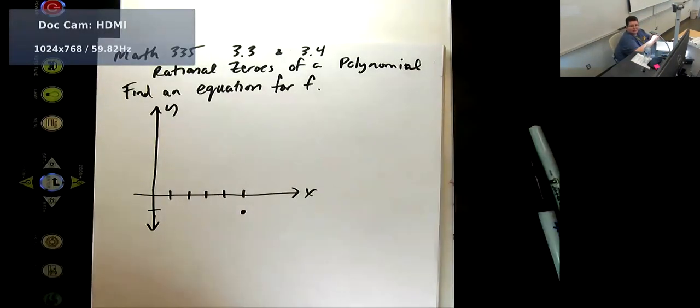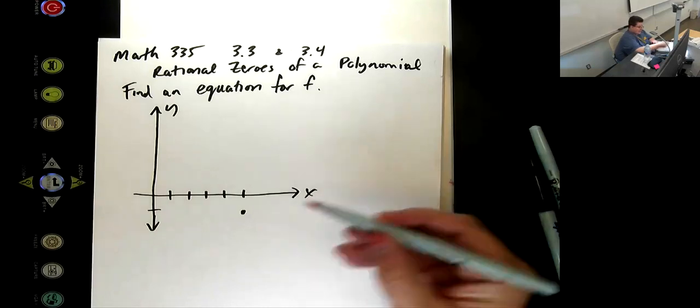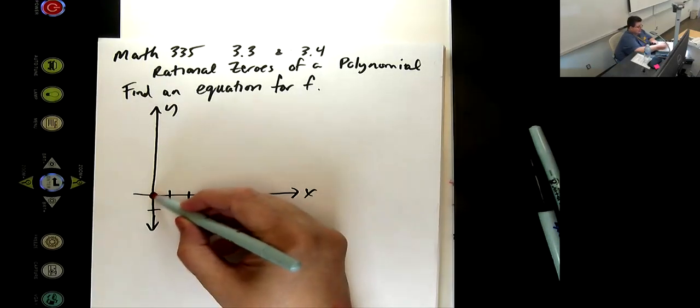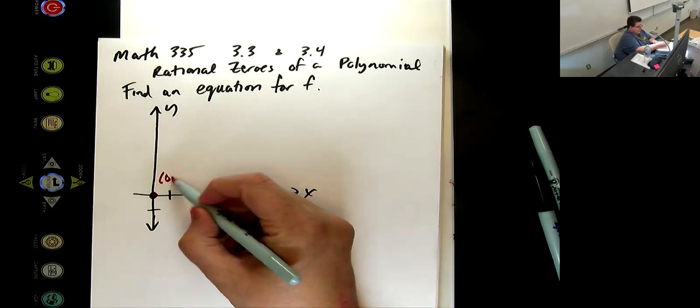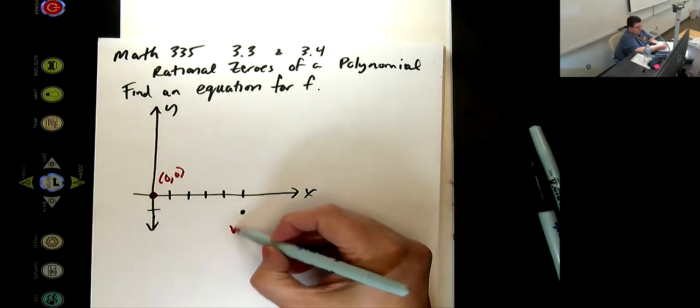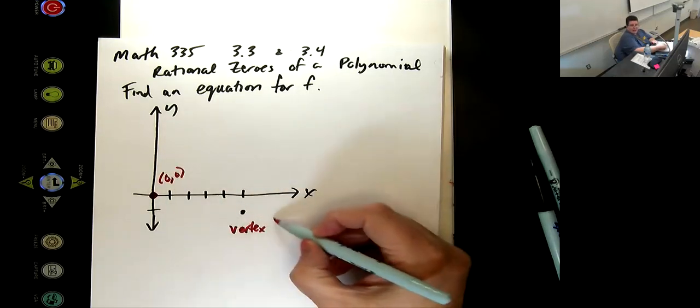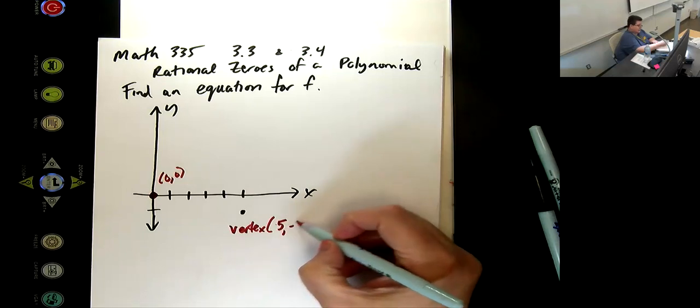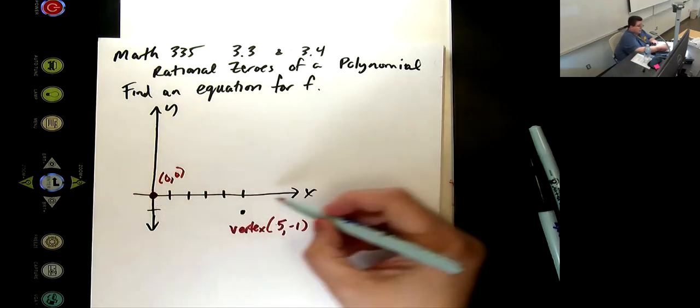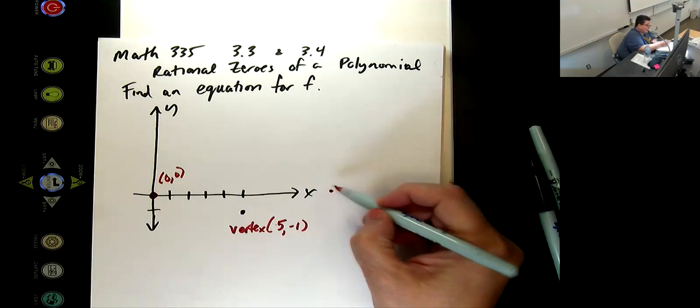And they've got it hitting here at 0, 0. And we have a vertex at 5, -1. So it's doing something like this.